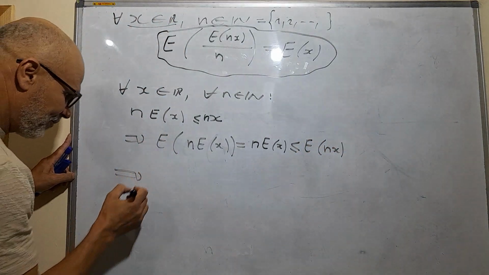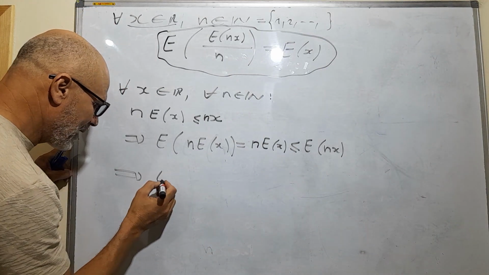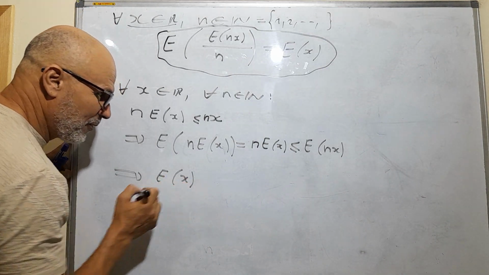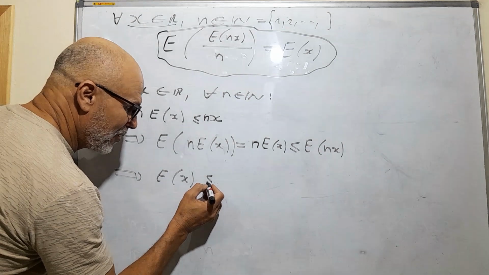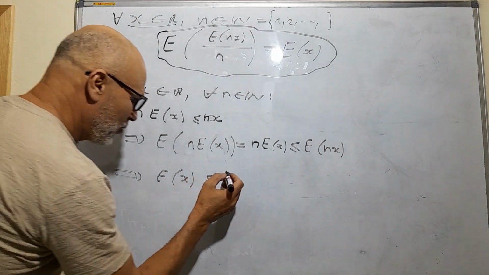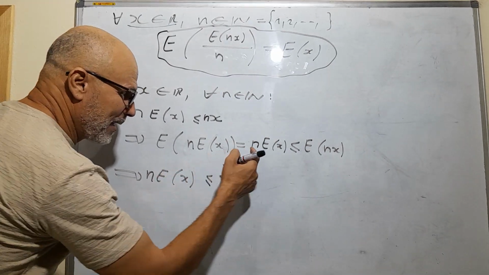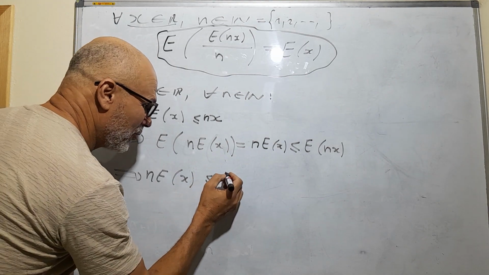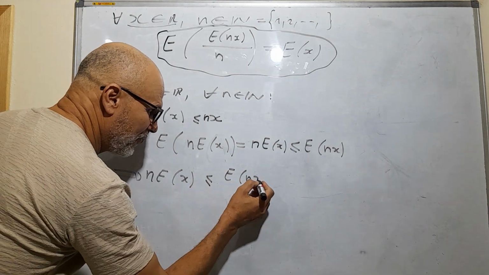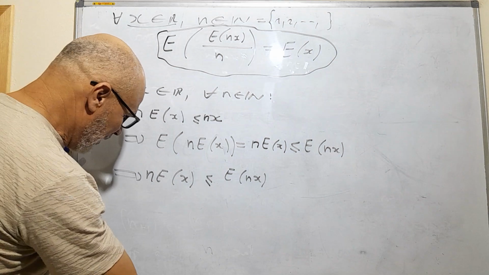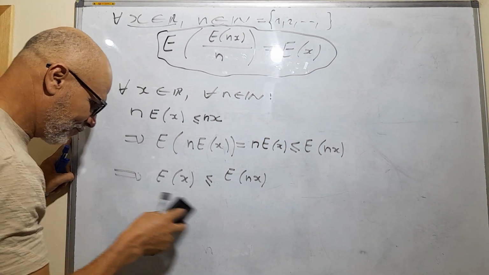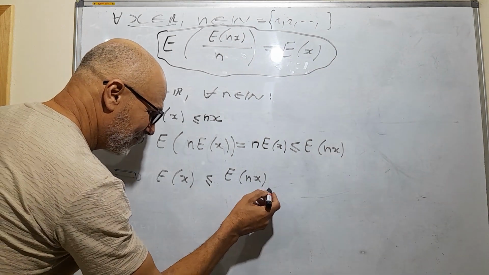This means that n times the integer part of x is less than or equal to the integer part of nx. So if we take n from here, we can put it here.